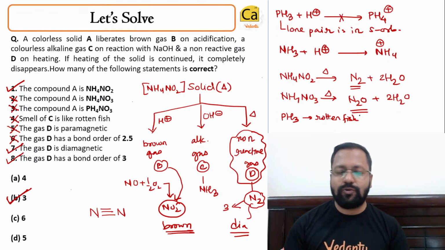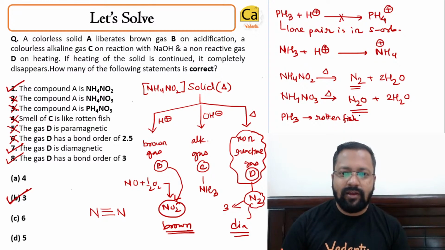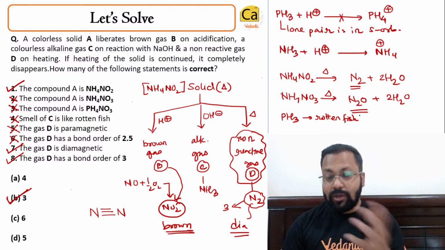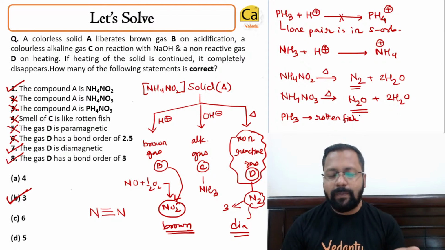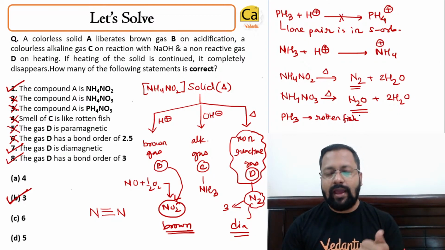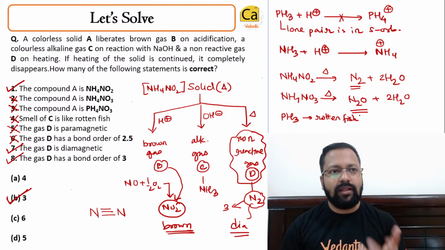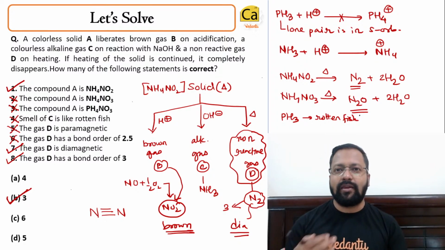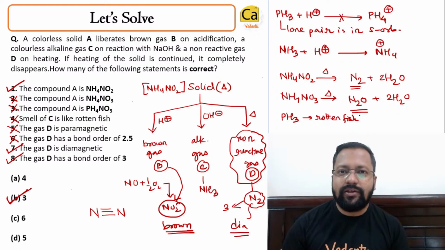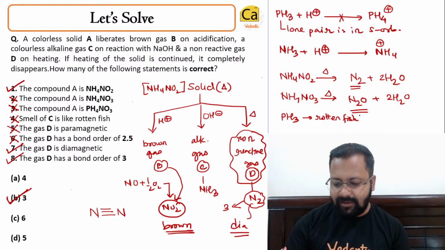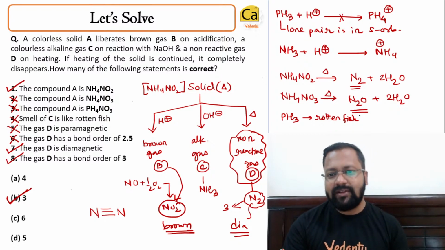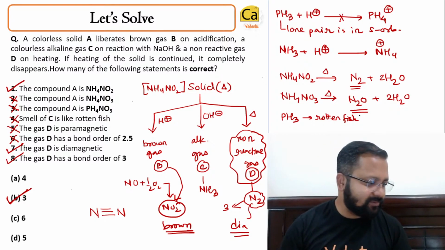Now the next topics that are left out are metallurgy, your transition elements and P block.